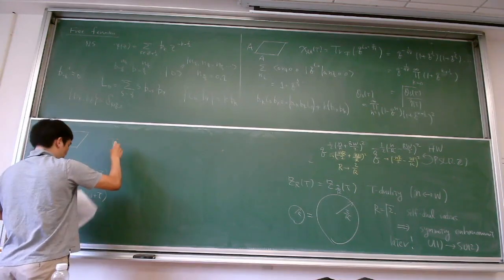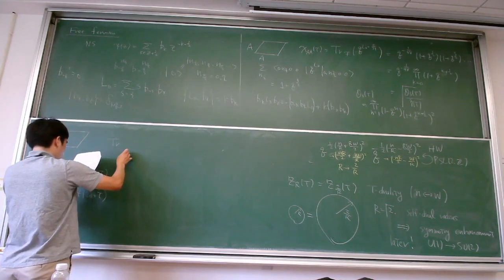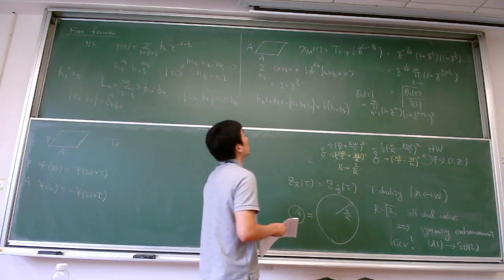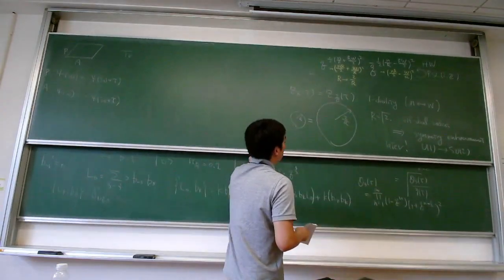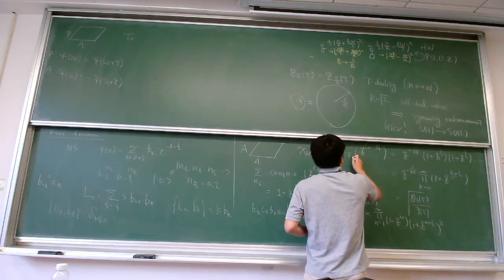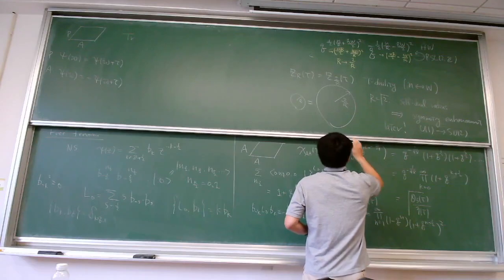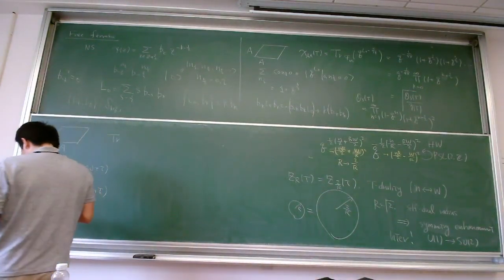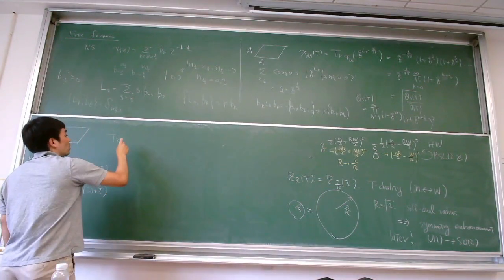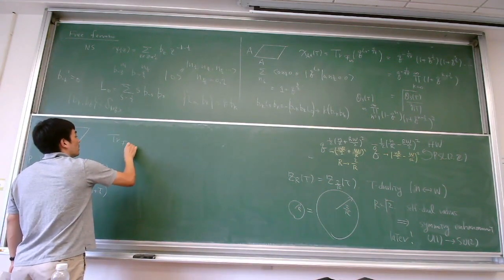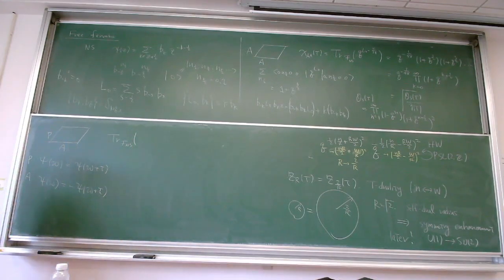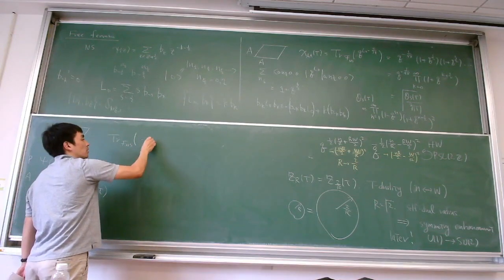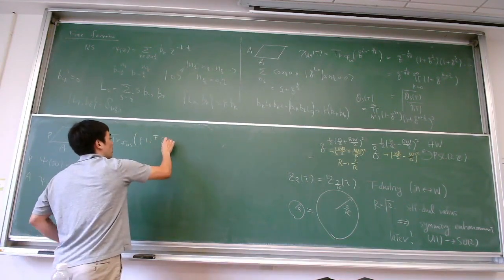Here I should call it NS, the trace over F, but you can identify top and bottom with the sign, which means minus 1 to the F, q to the L0.